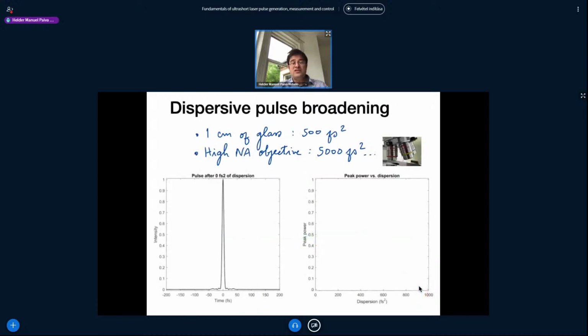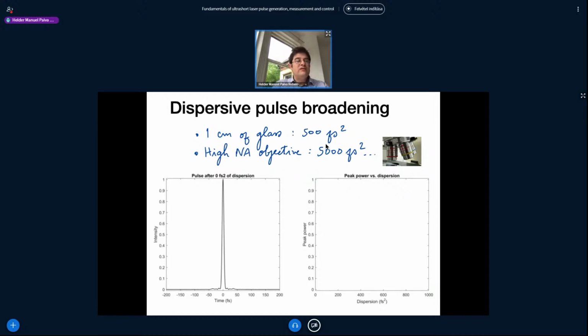And to see how much this can be, I have here another simulation of a femtosecond pulse, which is shown here. So this spike, this is the time domain, is a pulse before it entered a piece of glass, okay? So just for you to have an idea, 1 centimeter of glass introduces dispersion that we quantify, so this has units, it's units of femtosecond squared, around 500 femtosecond squared.